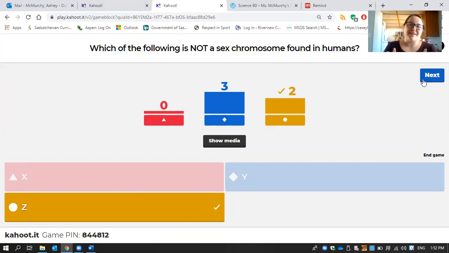There is no Z. To remember this, when you're graphing in math, you have an X and a Y coordinate. Same thing, we have X and Y chromosomes. In a 3D plane you could have a Z, but we don't worry about that. Just think of your general Cartesian plane that has an X and a Y axis. Same idea, we're using those same letters.